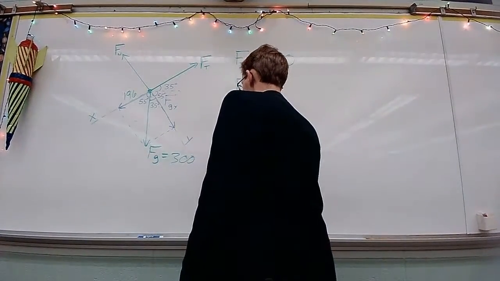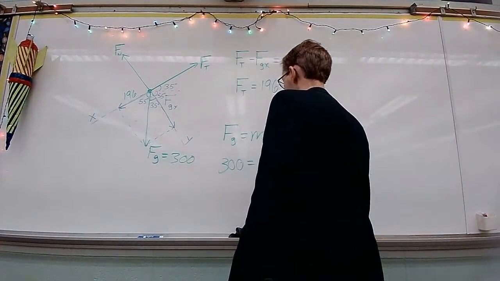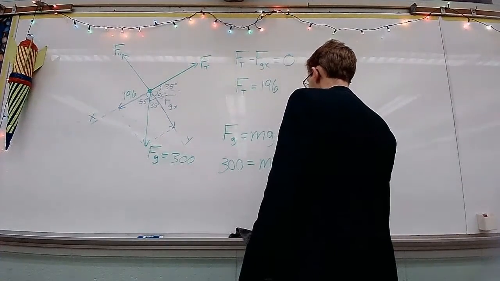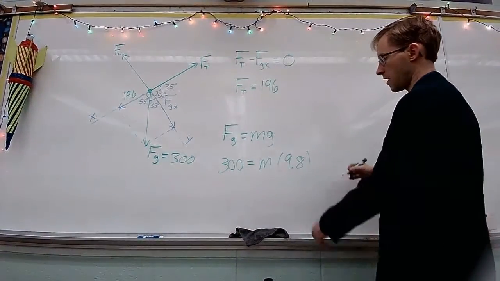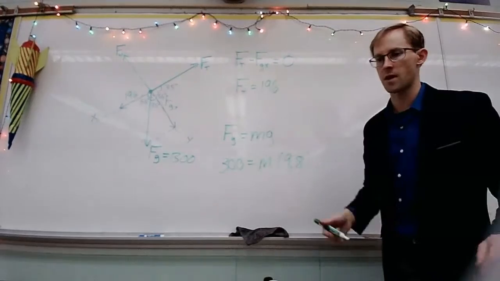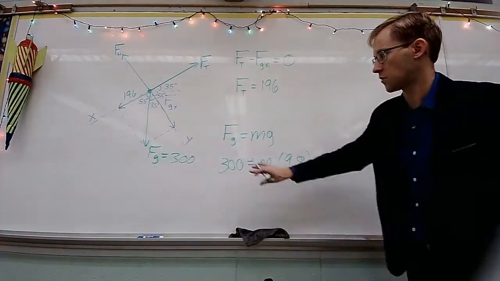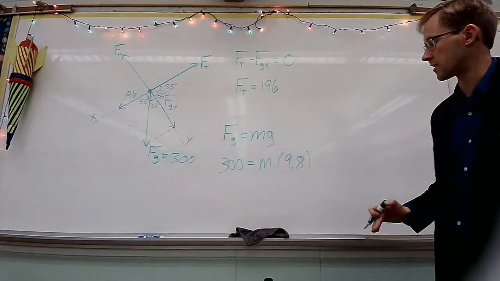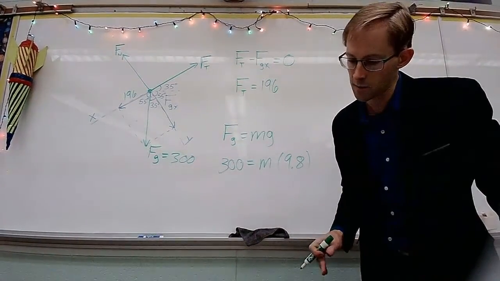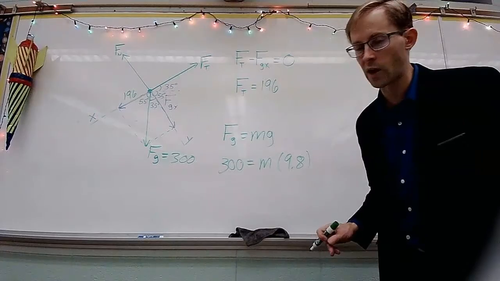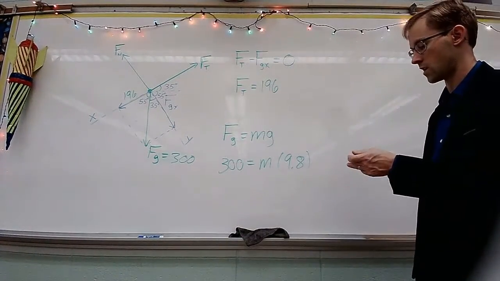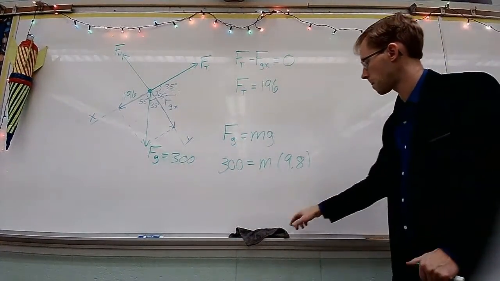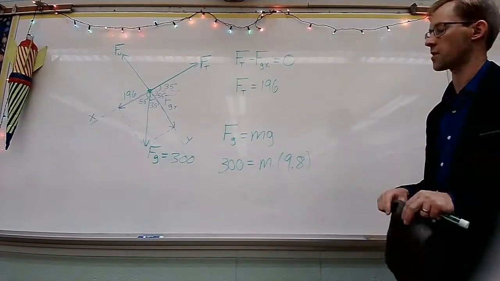So it would be 300 equals mass times 9.8. And divide both sides by 9.8, and your mass pops right out of there. Again, 300 isn't your force of gravity. I'm just using that as an easy number for an example. You should end up getting a mass of 34.9 kilograms for this one. So that's the end of that story.